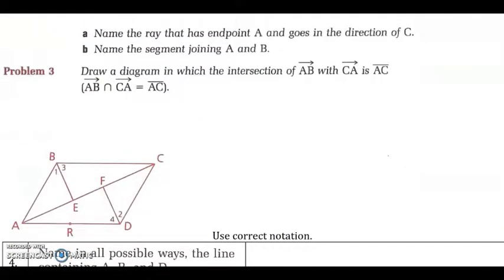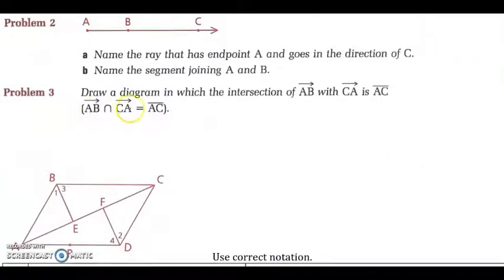Another one is asking, draw a diagram in which the intersection of ray AB with ray CA, starting at C in the direction of A, is segment AC.